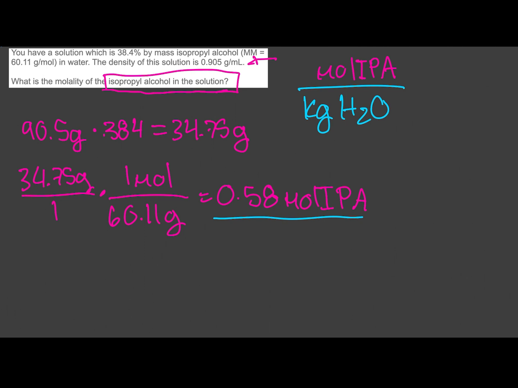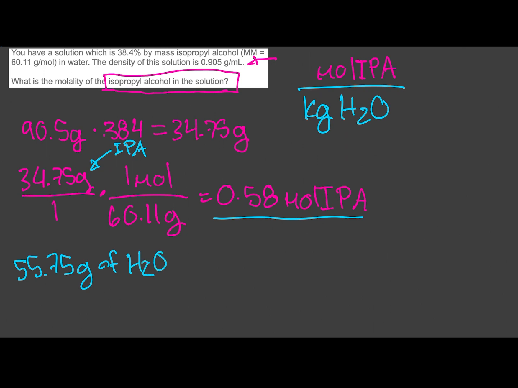Since we know that 34.75 grams of it is IPA, we can assume that 90.5 minus 34.75 shall yield our mass of water. When we do that, we get 55.75 grams of water.